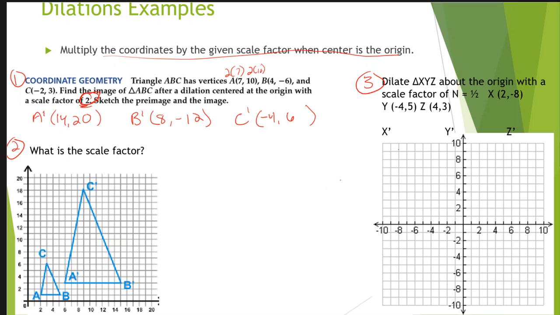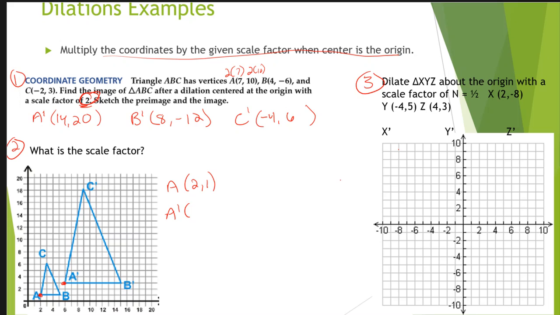For the next one here, for number 2, this is a little different. I'm asking you what the scale factor is. Since this is about the origin, as it says in the directions at the top there, you could basically just look at one point. So let's look at A. A, the original point, is 2, 1. Those are the coordinates.